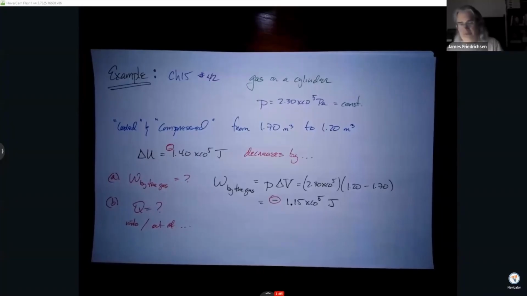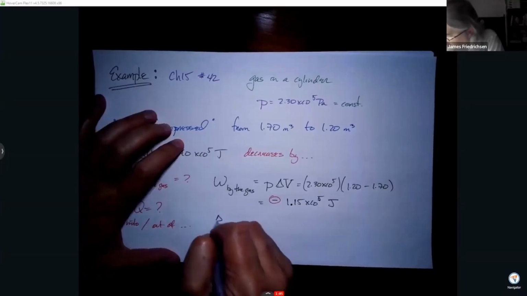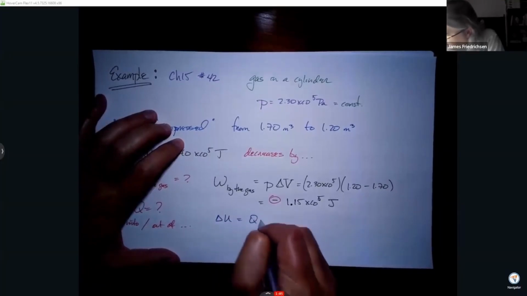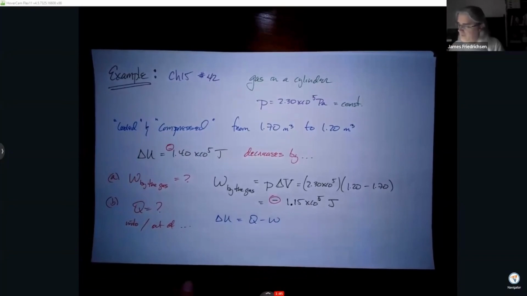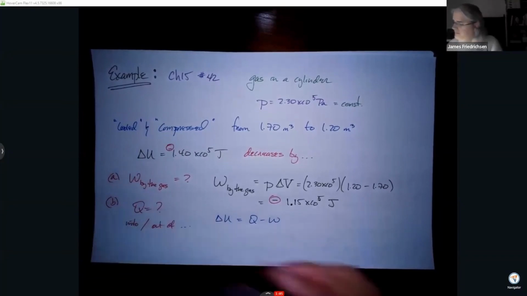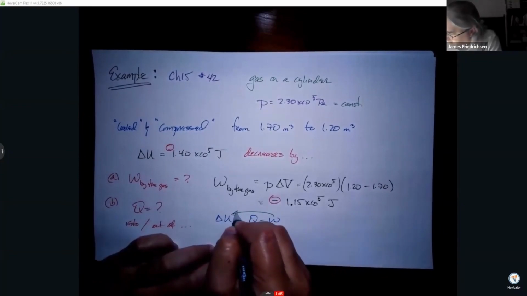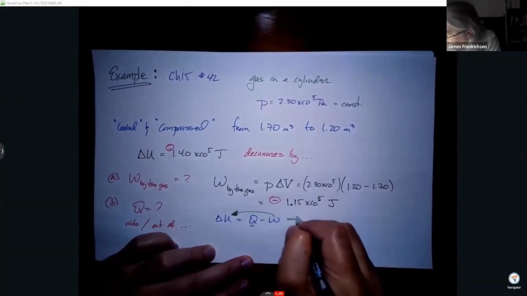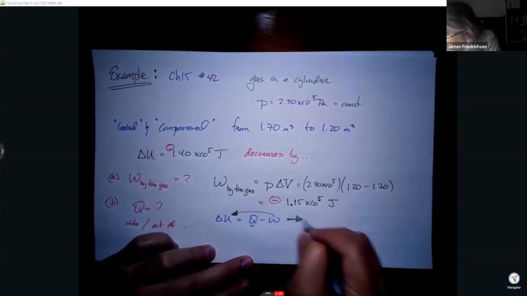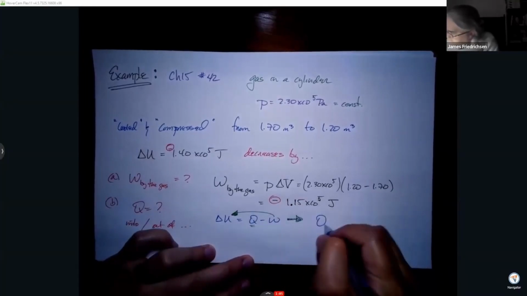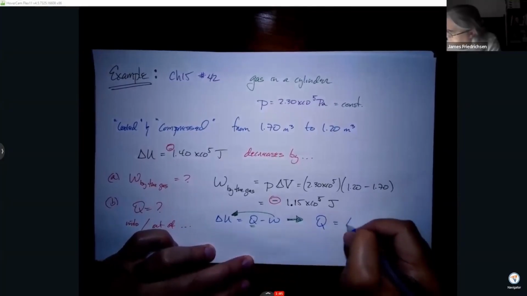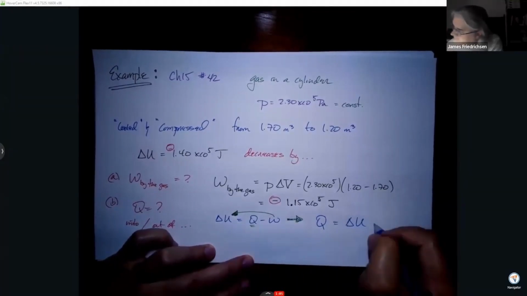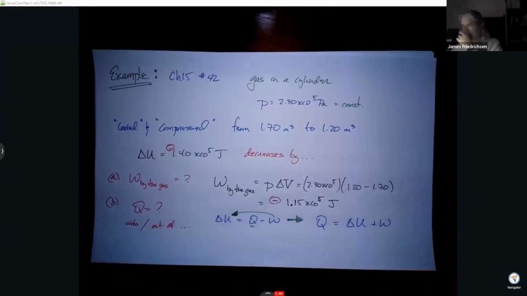What we're going to do is take a look at our first law of thermodynamics. So we have the change in U is Q minus W. I can move this work over to here, and this allows us to solve for Q. So our amount of heat is going to be equal to the change in the internal energy plus the amount of work done, again, by the gas on the environment.